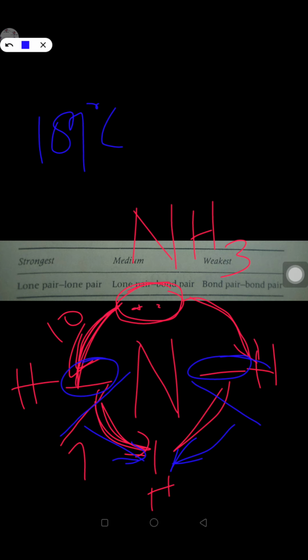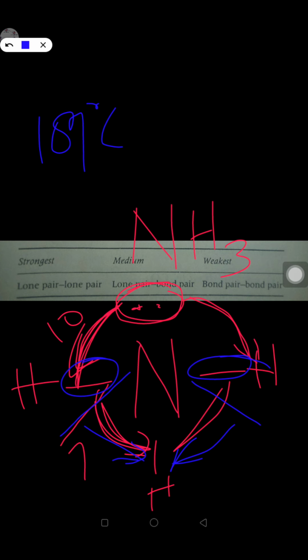So it's not a tetrahedron, and it's not really a perfect trigonal. Remember, the trigonal shape is that of boron trichloride. BCl3 is a perfect trigonal, and remember the perfect trigonal has an angle of 120 degrees in the case of BCl3. But ammonia has an angle of 107, so you definitely know that it is not a perfect trigonal.